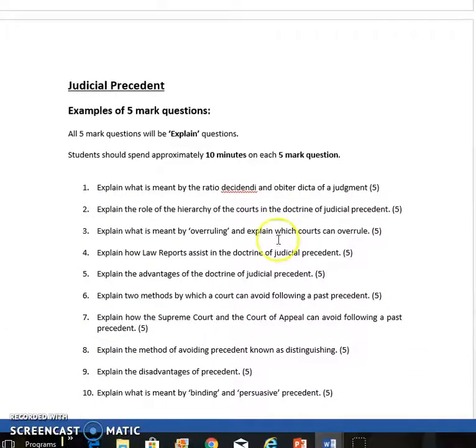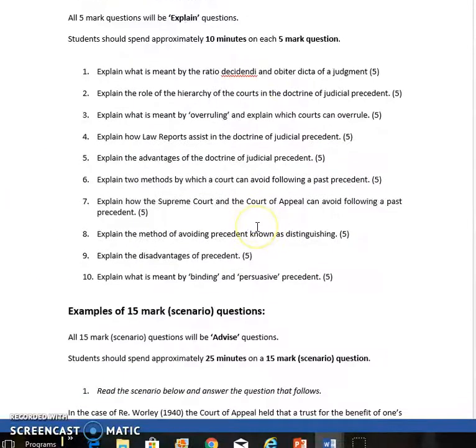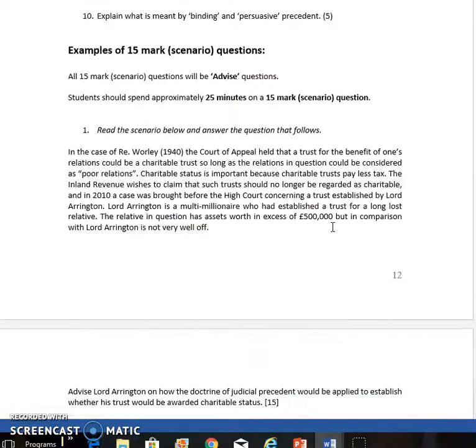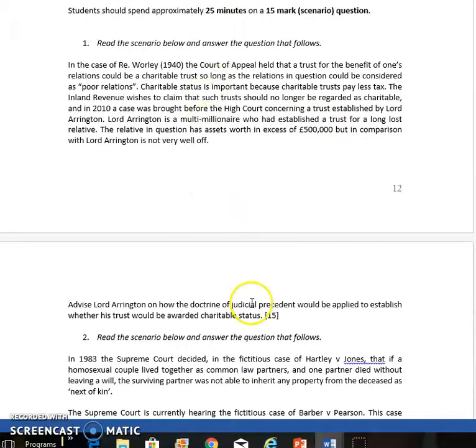Next topic on section A is judicial precedent. So again, your 5-mark questions, you could get something like explain the advantages of judicial precedent, or explain what distinguishing means, for instance. Again, your 15-mark scenario question, you're being asked to advise a character.